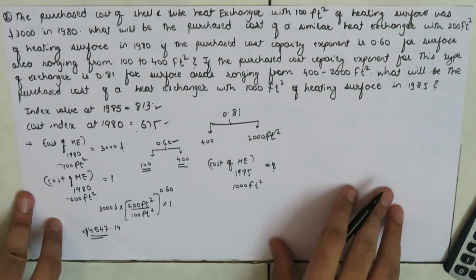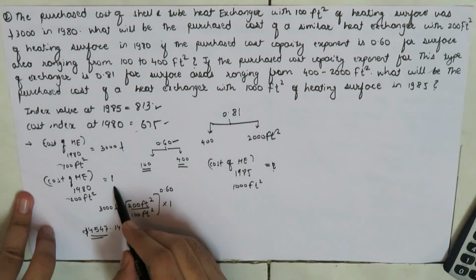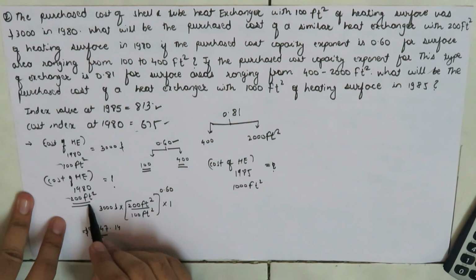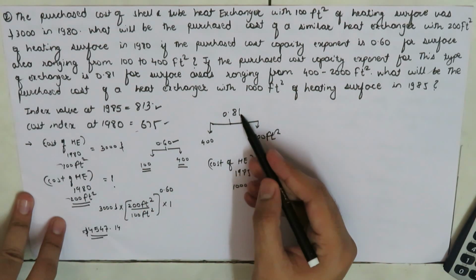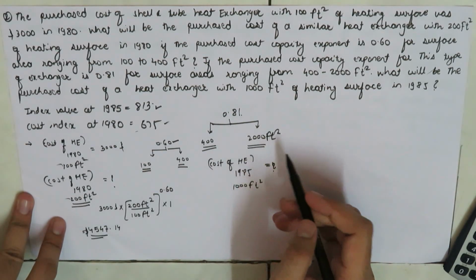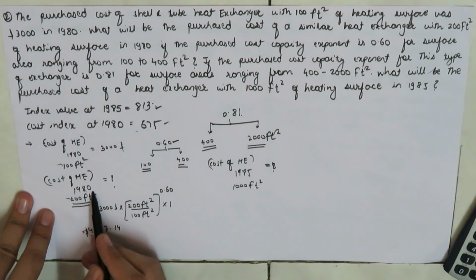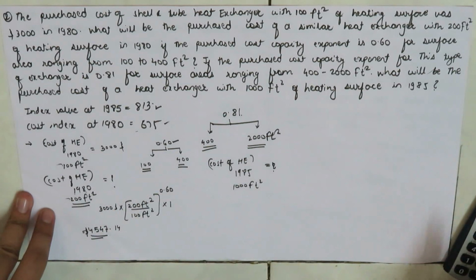So here in this case, if we make use of this value, but this value is calculated for 200 feet square heating surface area, and the exponent is 0.81 for the surface area ranging between 400 to 2000. So what we need to do is calculate the cost of heat exchanger in 1980 whose surface area is 400 feet square.